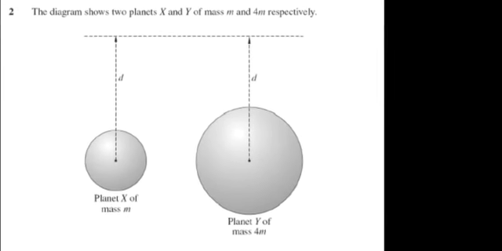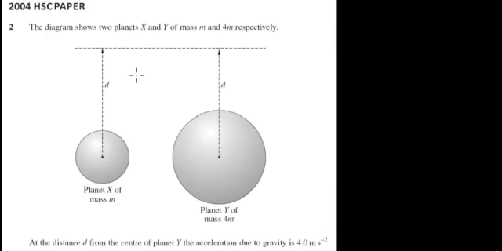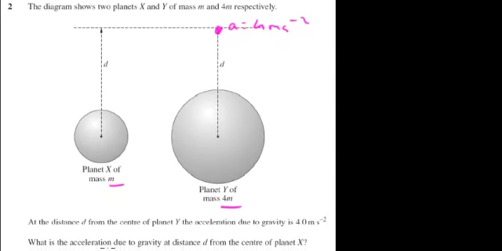Last question, 2004 HSC paper. The diagram shows two planets X and Y of mass m and mass 4m, respectively. It's saying at the distance d from the center of planet Y, over here, the acceleration due to gravity is 4 meters per second squared. What is the acceleration due to gravity at distance d from planet X?